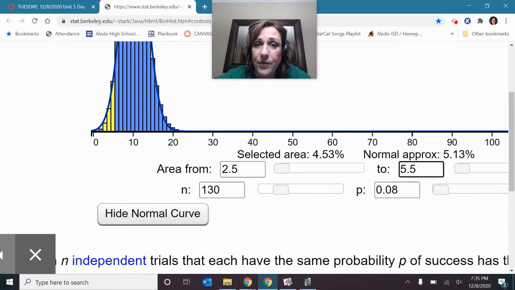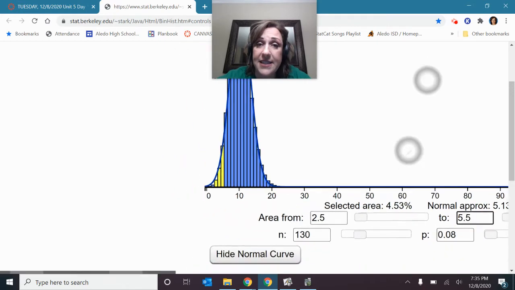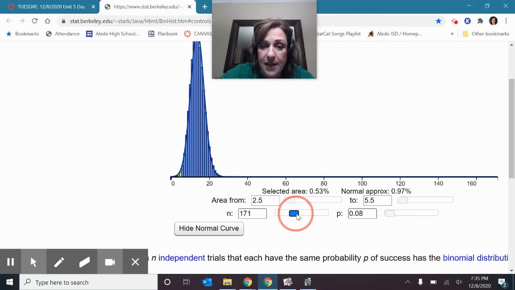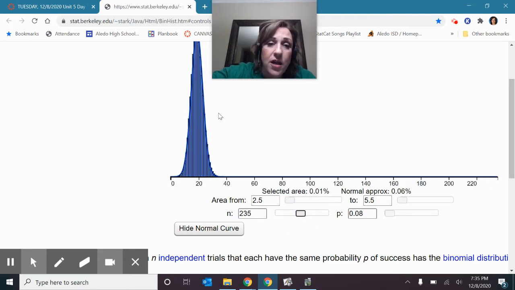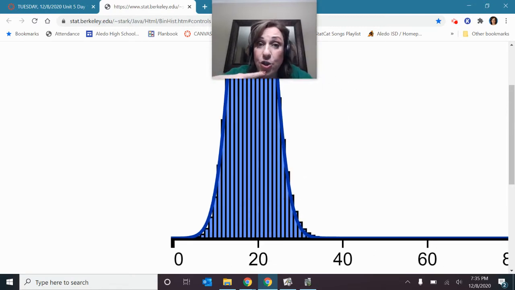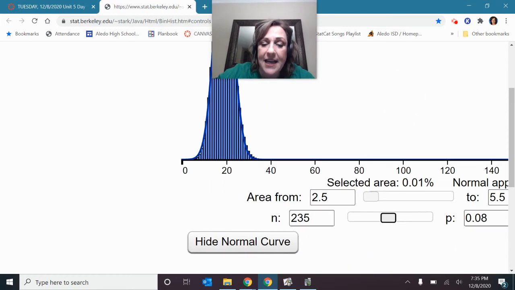Another thing, FYI: as n gets bigger in this binomial distribution, look at how small and skinny these discrete bars are. So when you do the normal approximation, it will be closer to the binomial than it was when we had a really small sample size.